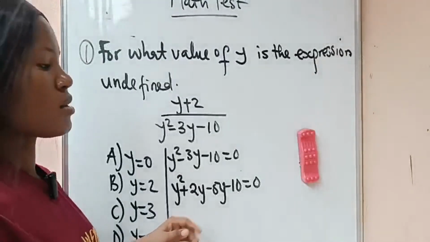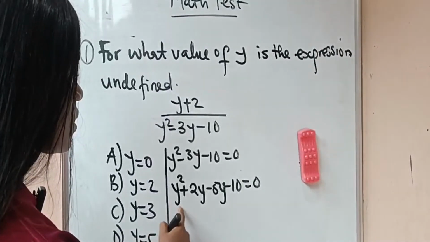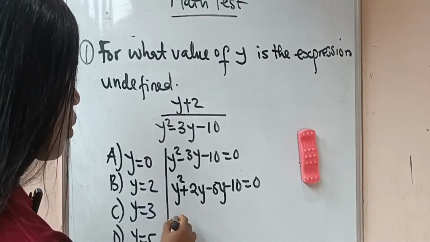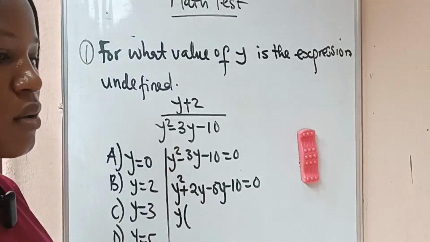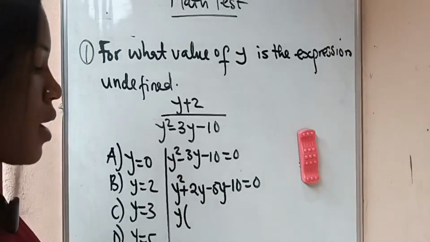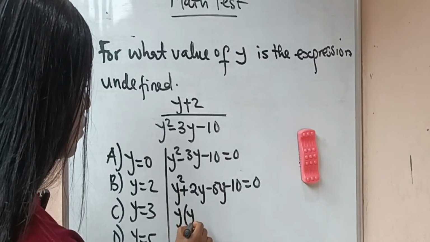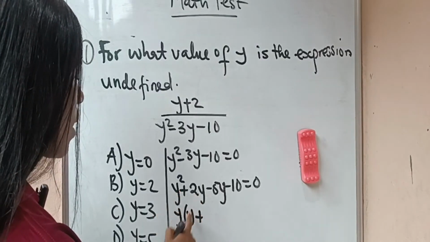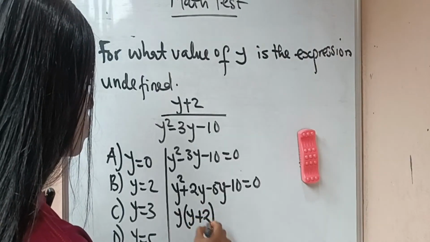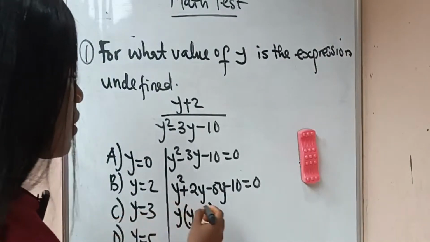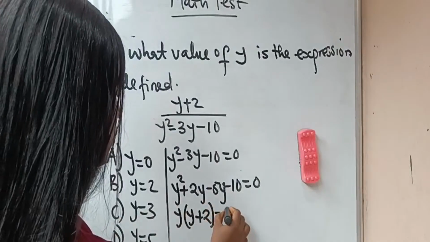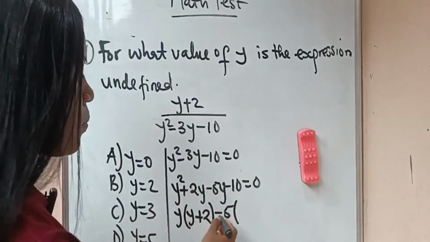So we factorize. What do the first two terms have in common? Y. So we bring out that y: y squared divided by y gives us y, plus 2y divided by y gives us 2. Then here we have minus 5 as common factor.